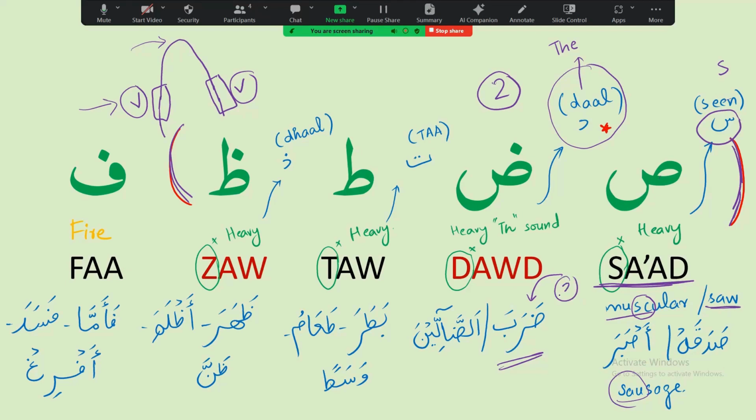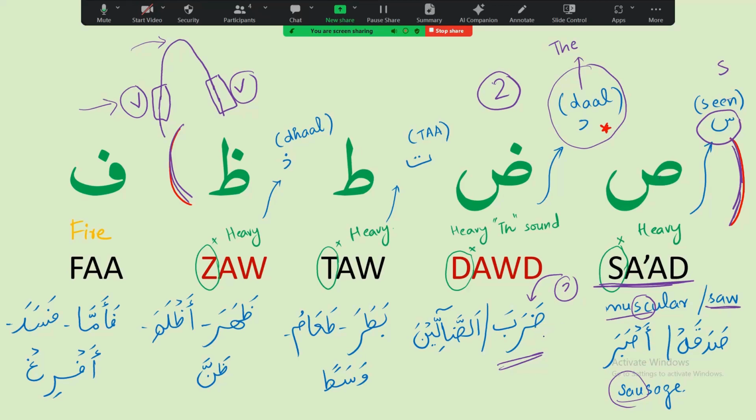For dal, the back part of the tongue is not doing anything at all. It is in a normal state. But for dad, you are making your mouth full, saying da, di, do, and we say daraba. If I say daraba, that will be wrong.